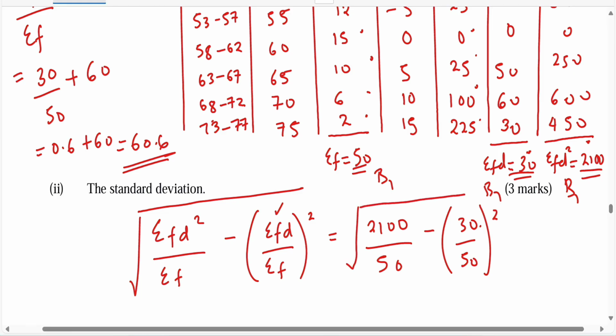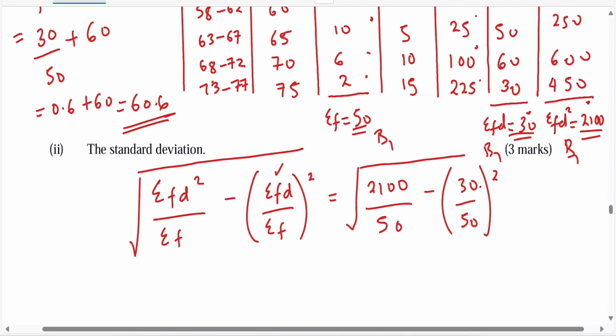So 2100 divided by 50 is 42, minus 30 divided by 50 and then squared, which is 0.36. So this gives us 0.36, and let's not forget the square root.